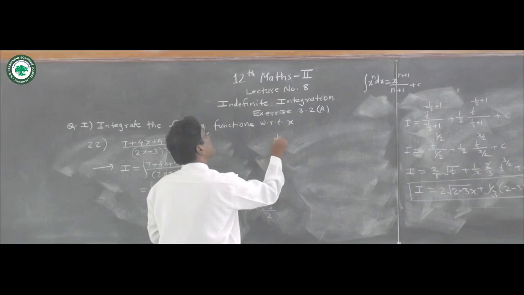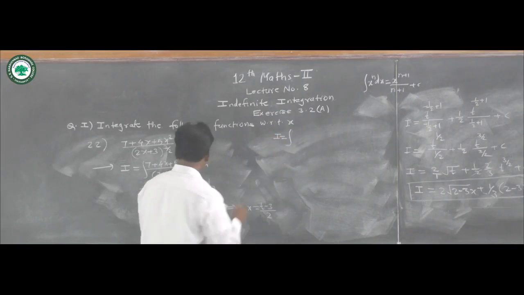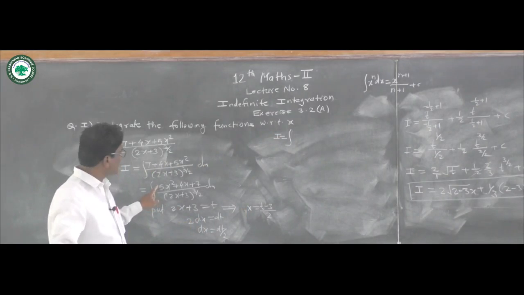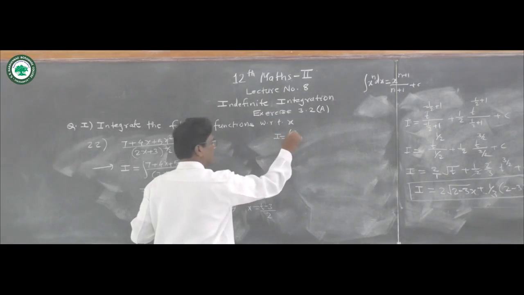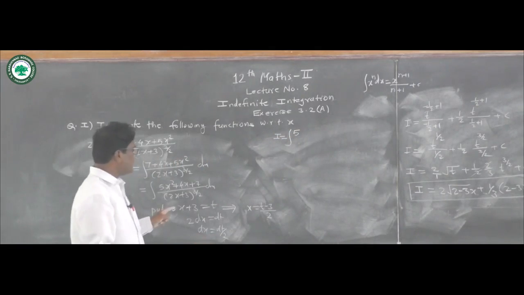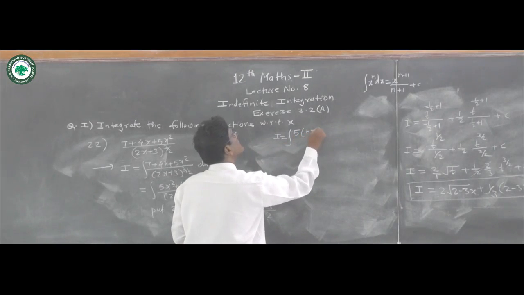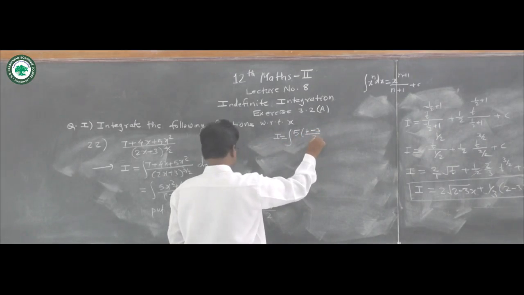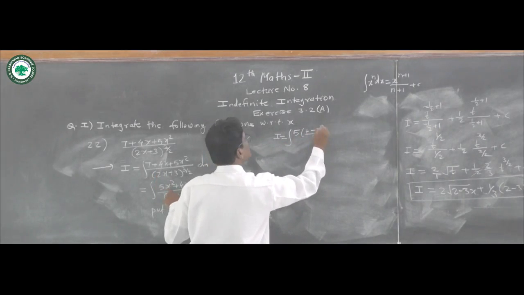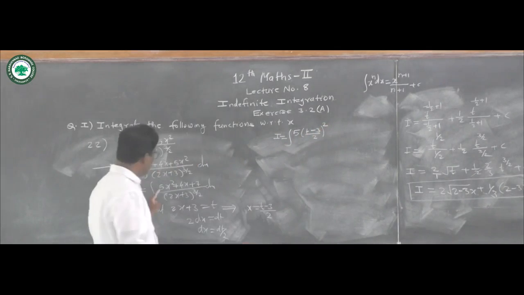I is equal to the integration of 5x squared. So 5, and x is here (t - 3)/2, and its square, bracket squared.